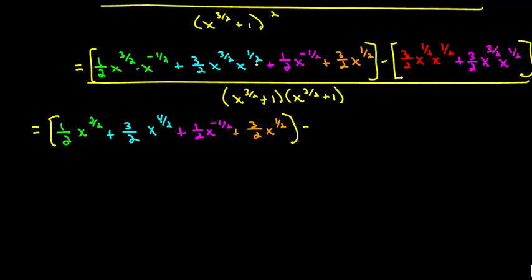And then back here, and the red, that'll be 3/2 x to the 1/2 plus a 1/2 is 2/2. And then 3/2 x to the 4/2. Just like that.